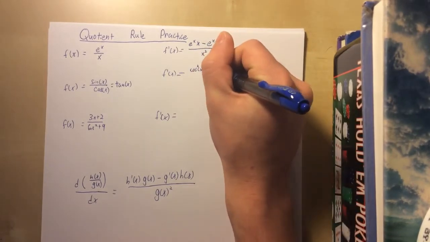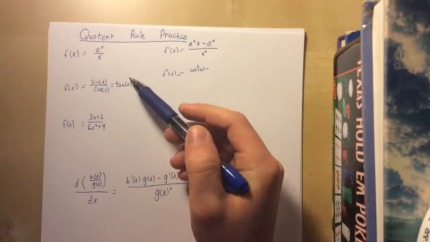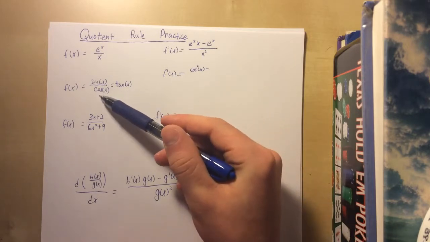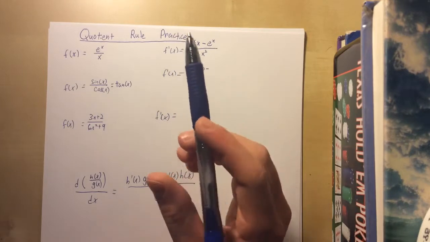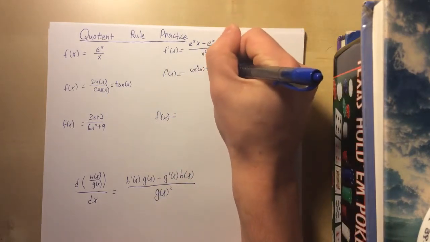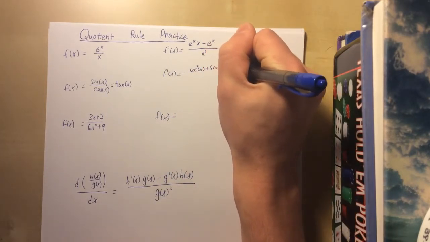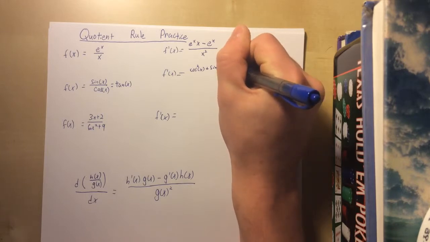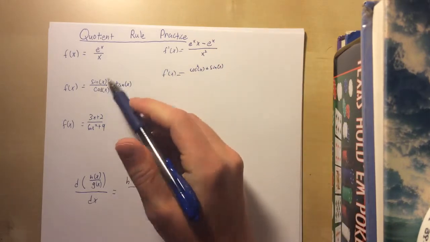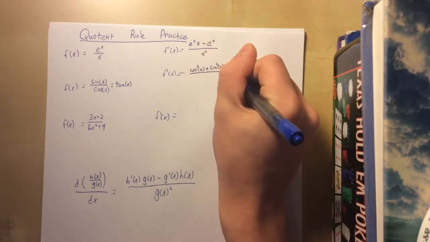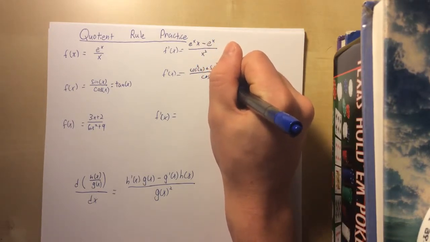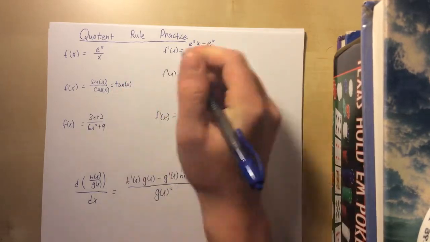And we're going to subtract the derivative of the denominator, which is the derivative of cosine x, negative sine x, so that turns into a positive sine x. And we're going to multiply that by sine x, so this turns into sine squared x, and divide that whole thing by cosine squared x.